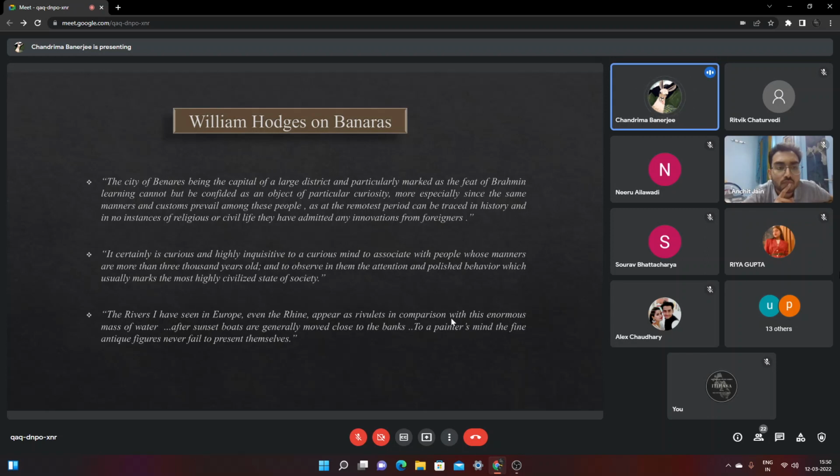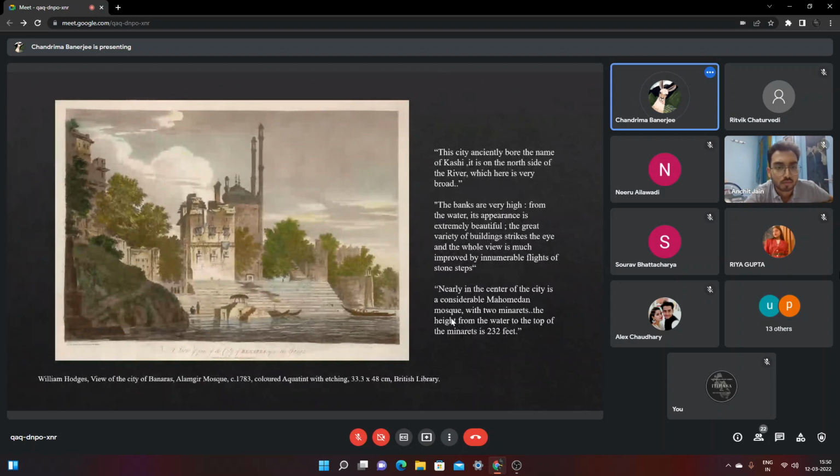This is just to give you a brief introduction to William Hodges, and these are his views on Banaras, catalogued in his book Travels in India. Talking about his artistic style, Hodges aimed at a genuine reproduction of truth, candor, and justice, and he is known for his picturesque landscapes and seascapes.